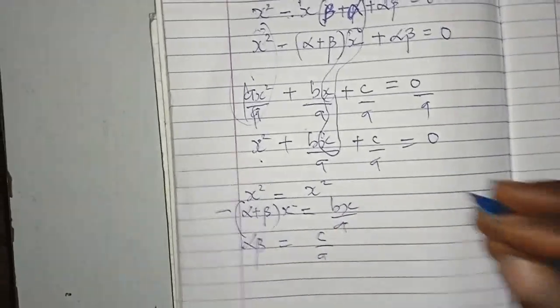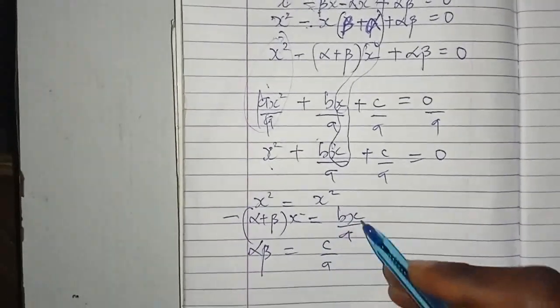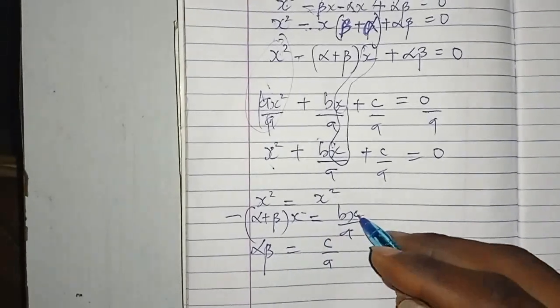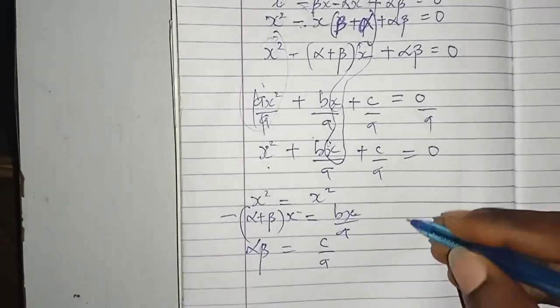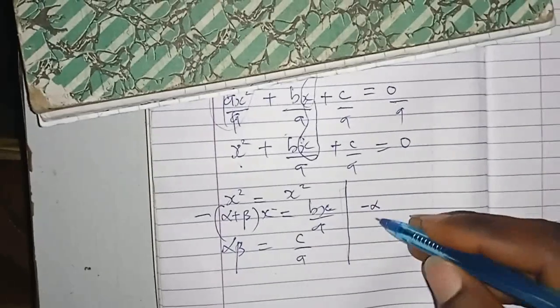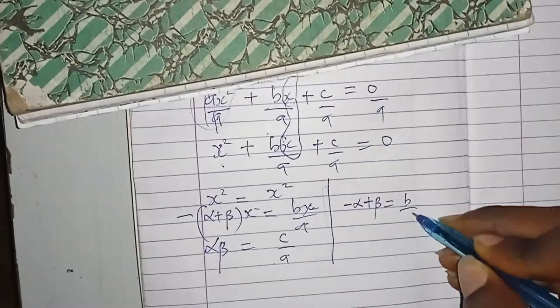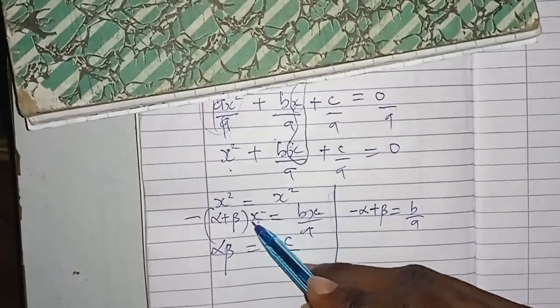So comparing it, we have x here and x here. So we ignore the x.